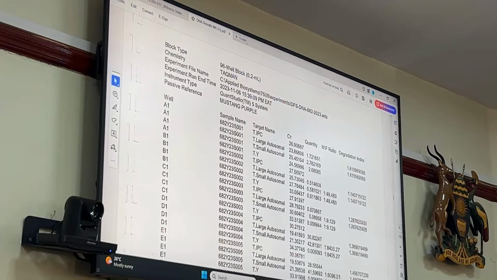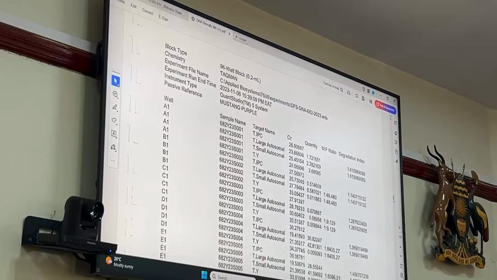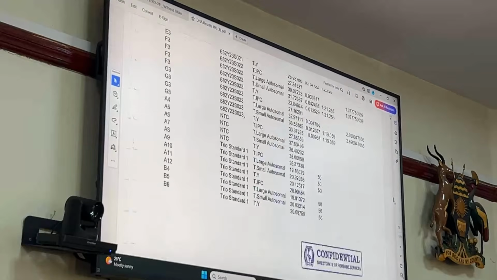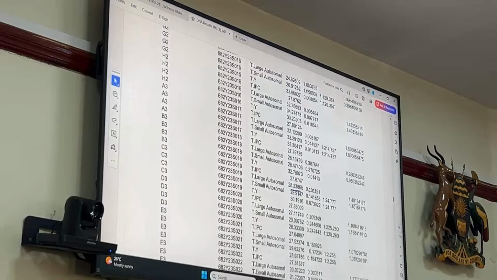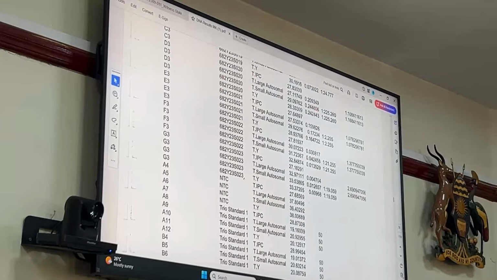This means the actual processing is completely transparent. As you can see at the start, sample 001, and it continues to sample 23, and then is followed by the negative control.